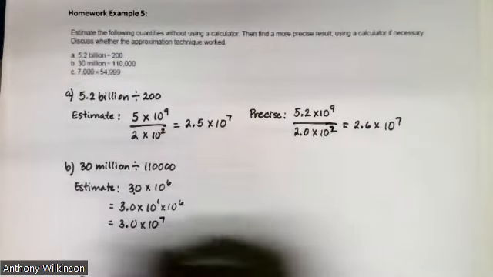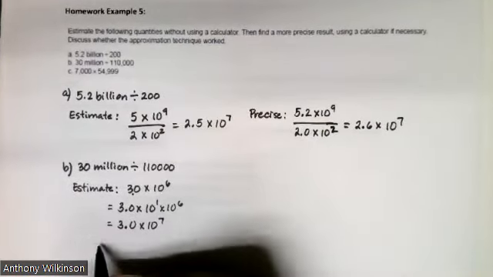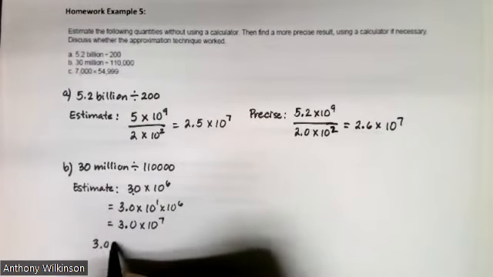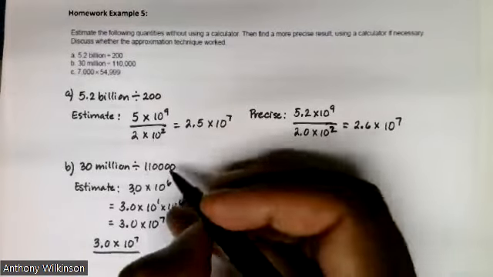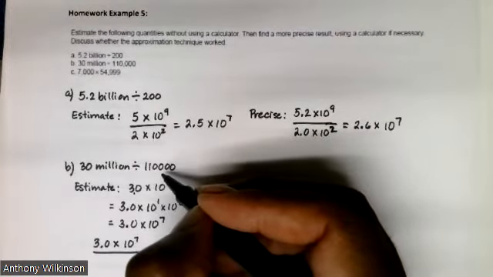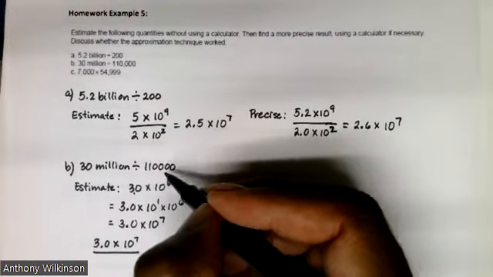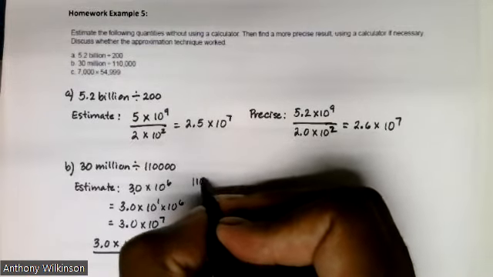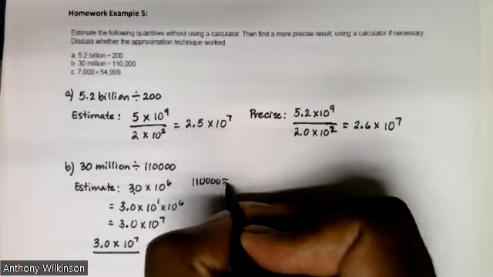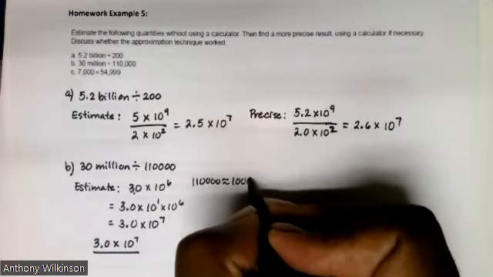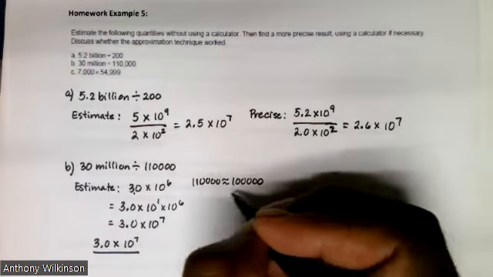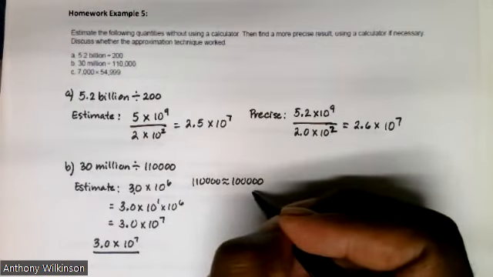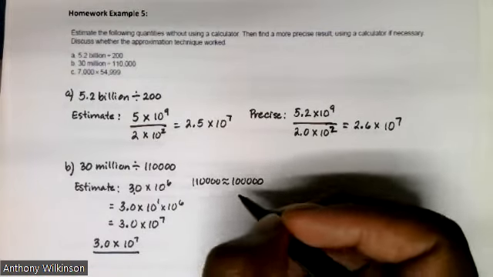Okay. So now for that estimate, let's take that 3.0 times 10 to the 7th and divide that by 110,000. Let's round 110,000 to 100,000. Now 100,000 is 10 to the 6th power.